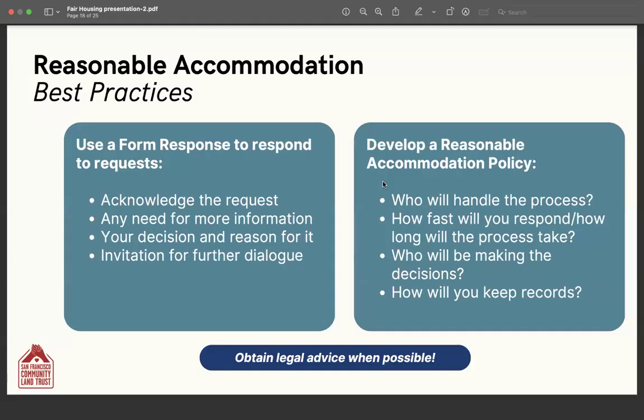And finally, some best practices around reasonable accommodation. You want to make sure that your practices and policies in this area are tight and also clear.